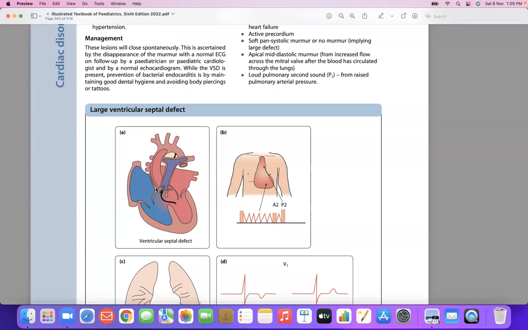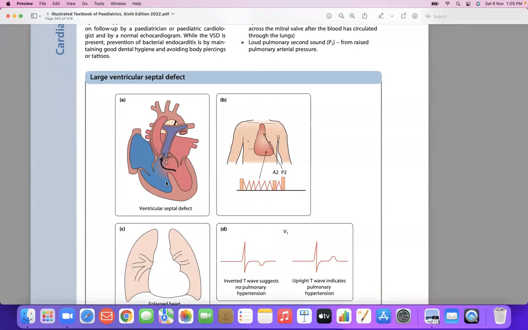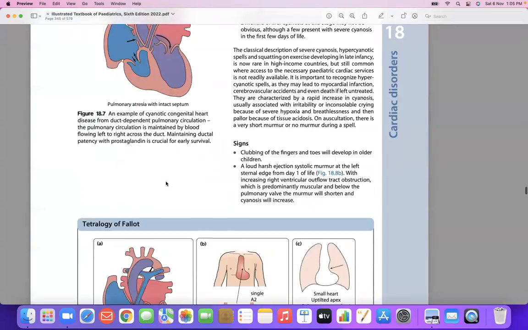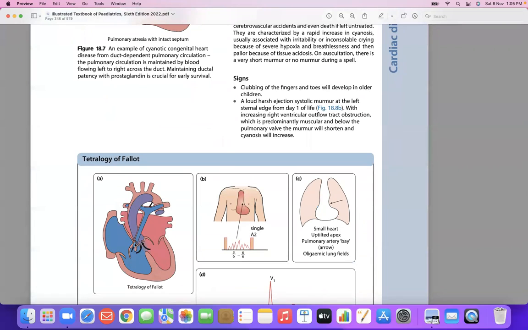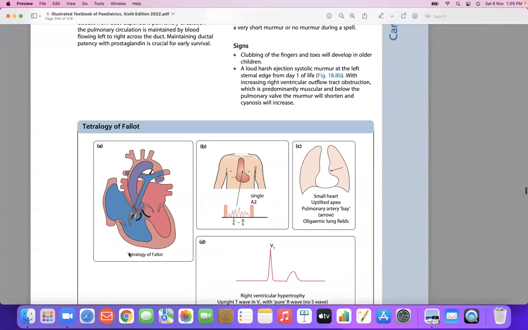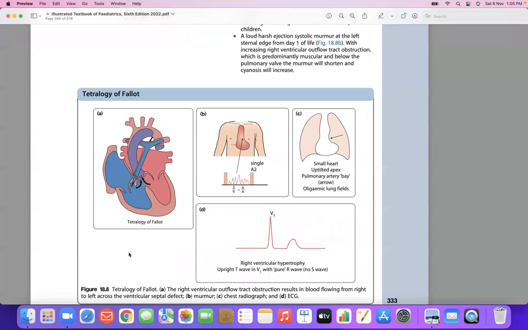You see the width of the pulmonary artery here. It will not be like that here. It's very small also. So you can see pulmonary artery bay and oligemic lung fields.